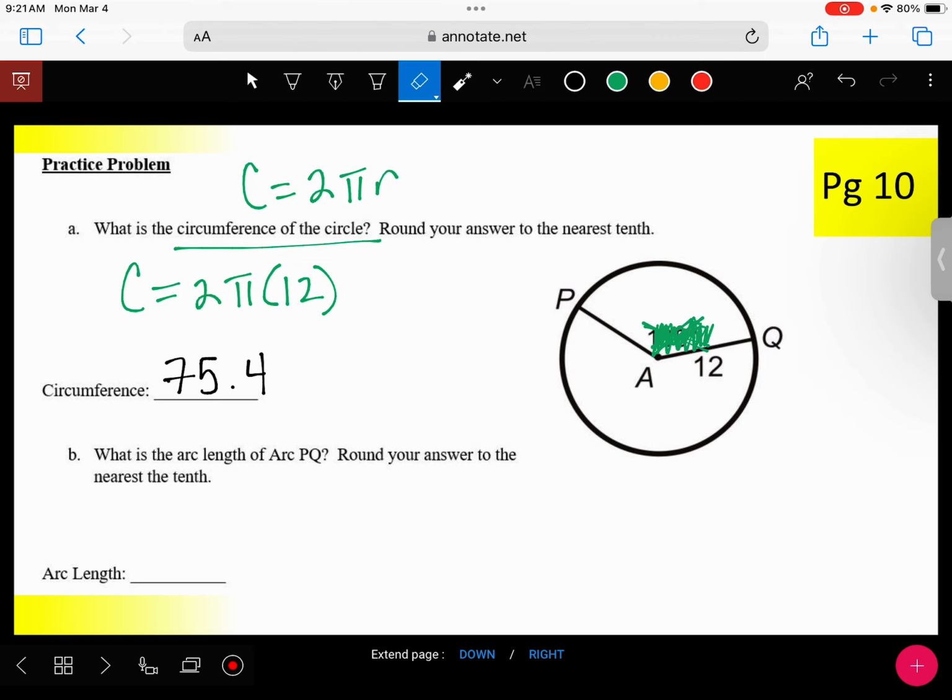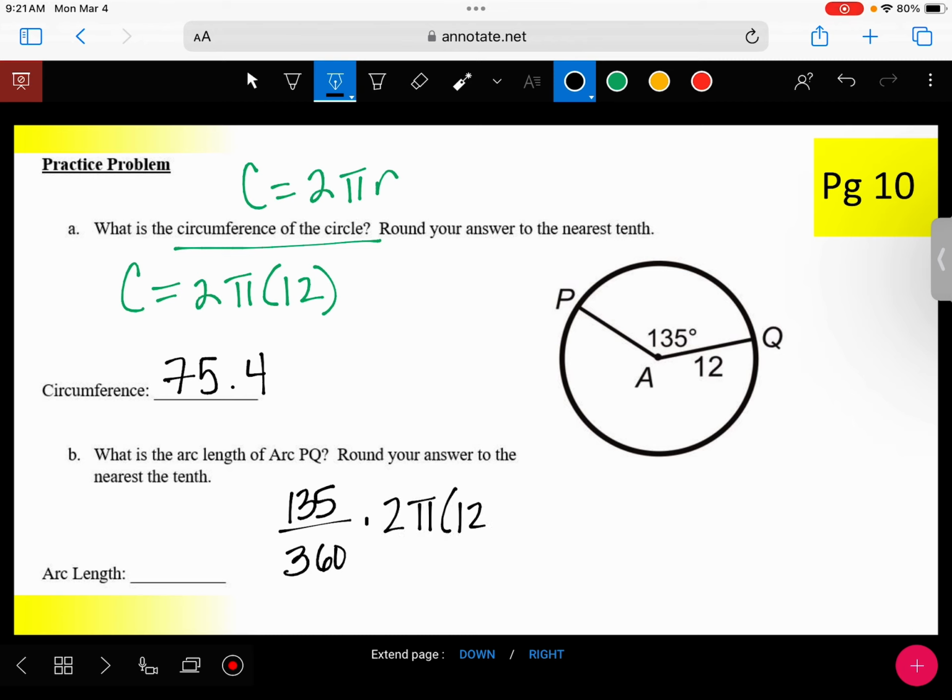But for arc length, we have to use our angle. And essentially what you're doing is you're taking this fraction. So you're going to take 135 over 360, and you're really multiplying it by this number. So you're taking 135 over 360, and you're multiplying it by 2 pi 12.